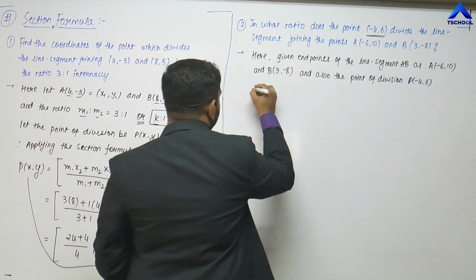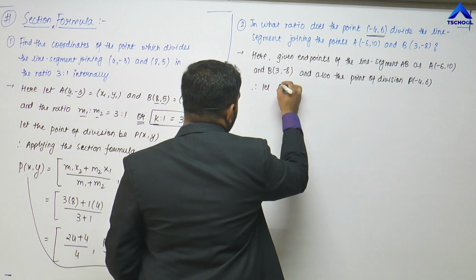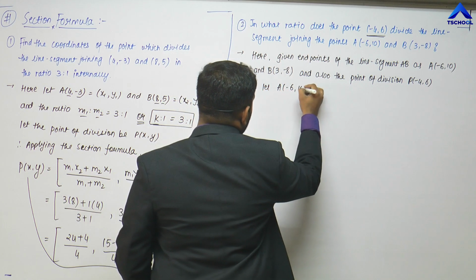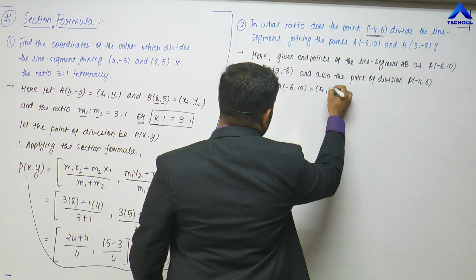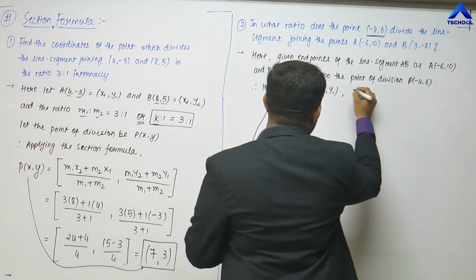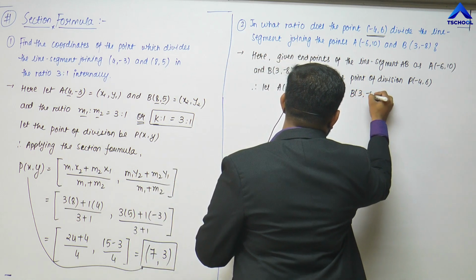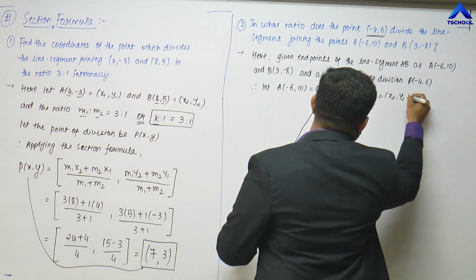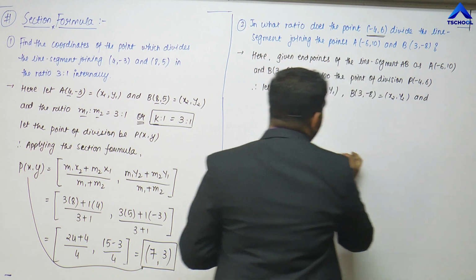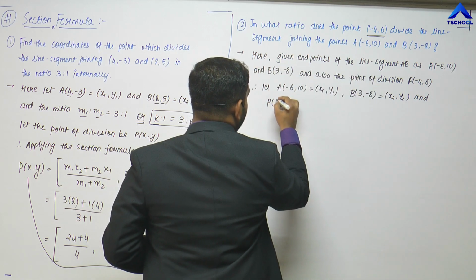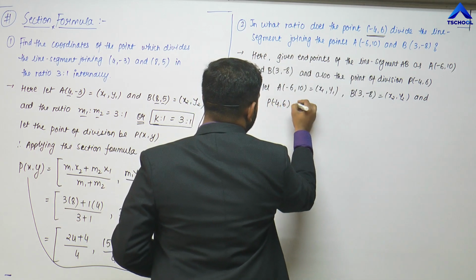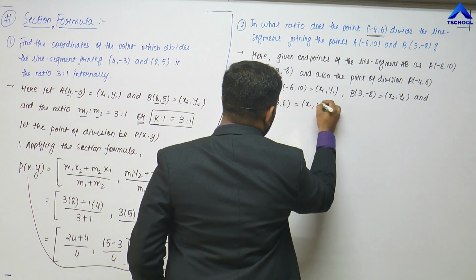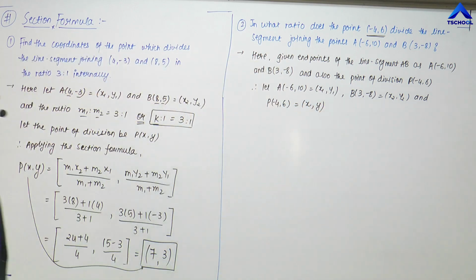Therefore let A (-6, 10) equal (x1, y1), B (3, -8) equal (x2, y2), and P (-4, 6) equal (x, y). Right, we shall take this as x1 y1, x2 y2 and x comma y.